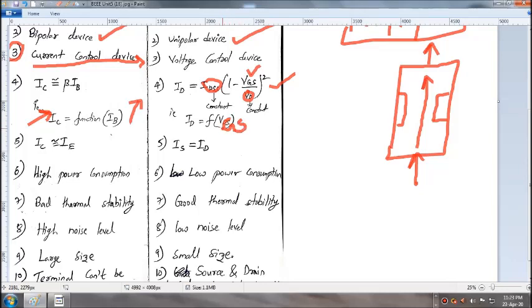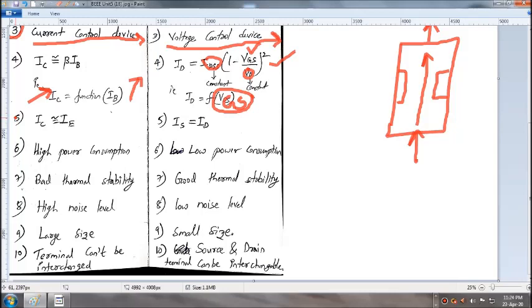Make a correction over here. It is VGS. So we can say field effect transistor is a voltage control device. It depends on the voltage, which is VGS. Moving on to the next point, the output current in a BJT is approximately equal to the emitter current, whereas the output current in a field effect transistor is equal to the source current.